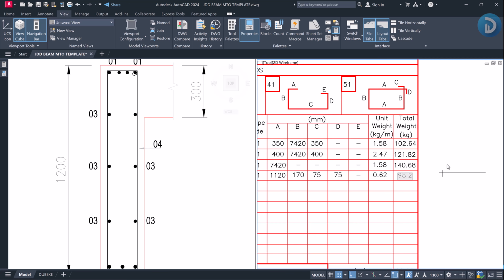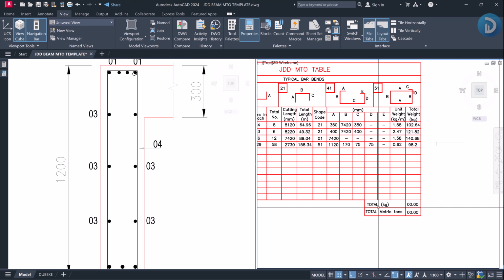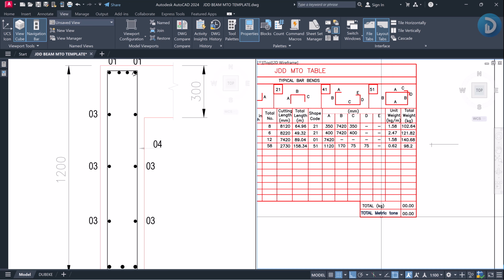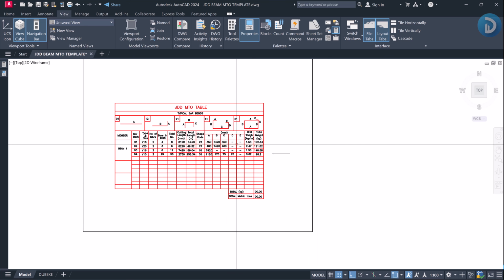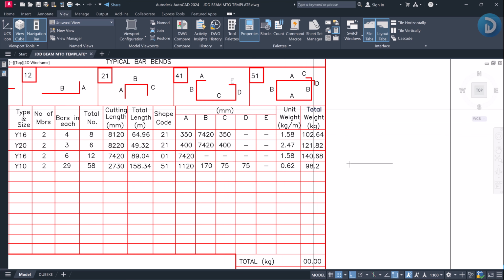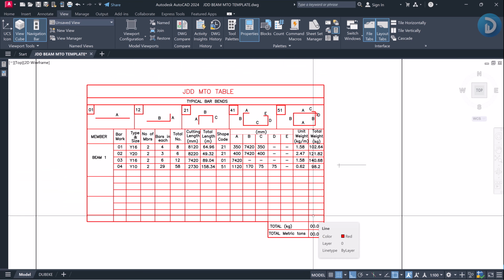So the next part, we'll be having our total weight in kilogram and converting to metric tons. But I wouldn't advise you add all of this to get the total weight, because what you are asked is how many tons of 16 millimeter reinforcement do I require, or how many tons of 20 millimeter reinforcement do I require for the construction of this beam.